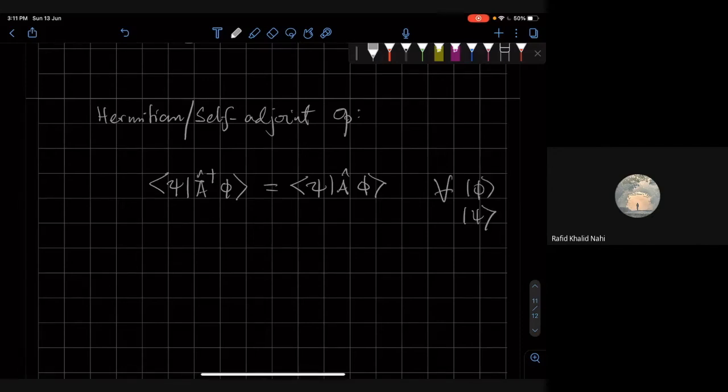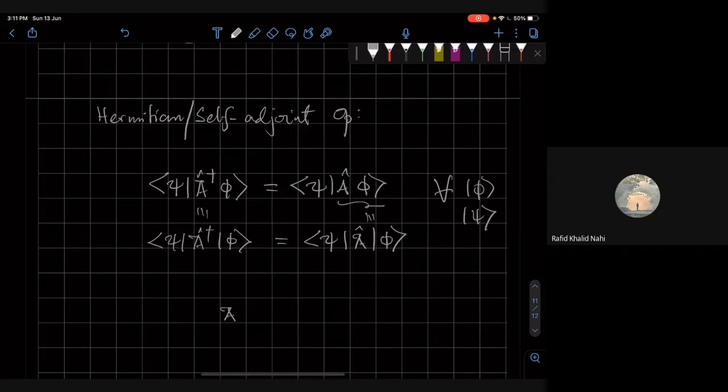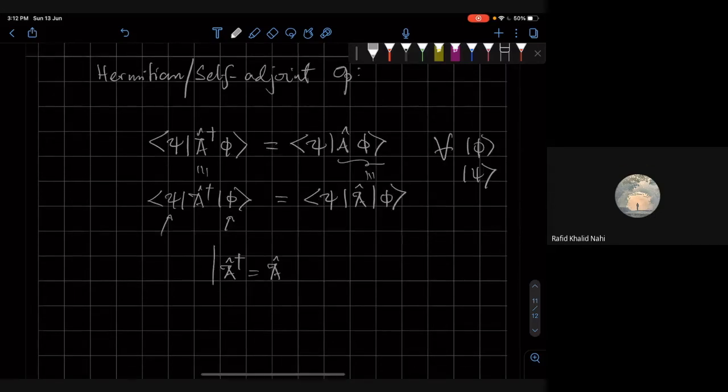Because these states are arbitrary, we can write A dagger is A. So a self-adjoint operator is something that satisfies this relationship.